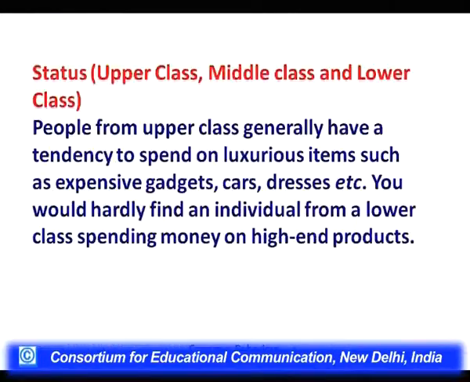Status now. We are discussing the cultural factors. Status: upper class, middle class and lower class. Our society is divided into three classes: upper class, middle class and lower class, depending upon the status, depending upon the earning potential. People from upper class generally have a tendency to spend on luxurious items such as expensive gadgets, cars, dresses, etc. You would hardly find an individual from a lower class spending money on high-end products.